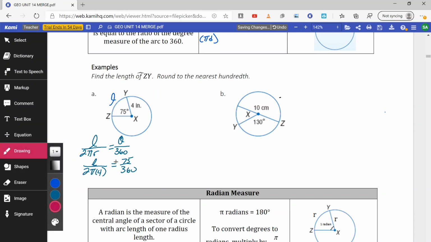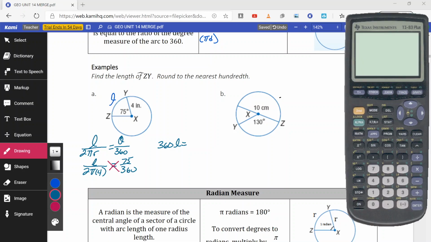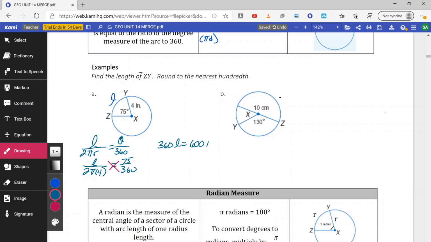So what we can do is cross multiply here. When we cross multiply, we end up with 360L is equal to, and I'm just going to multiply the numbers that we have, so 2 times 4 times 75 gives me 600. So we have 600 and then pi. I want to solve for L, so I'm going to divide by 360.